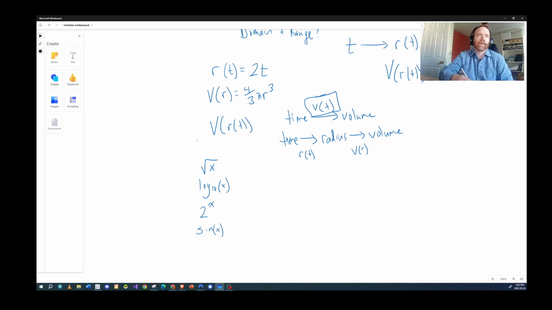Let's stick with, I guess we could do polynomials, but I don't think we necessarily need them. I think we should be able to make most of our case with these.